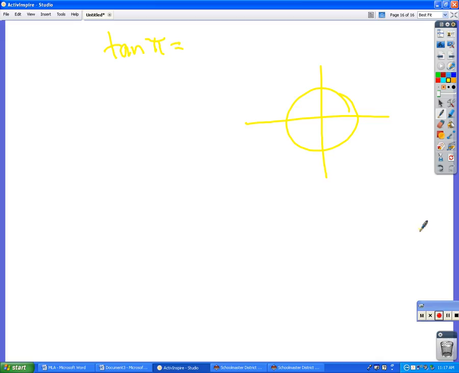At the 180 mark right here. The coordinates of that point are negative 1, 0. And since tangent is y over x, what's y over x in this case? 0 over negative 1, which would really just be 0.